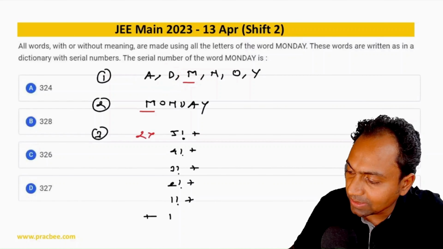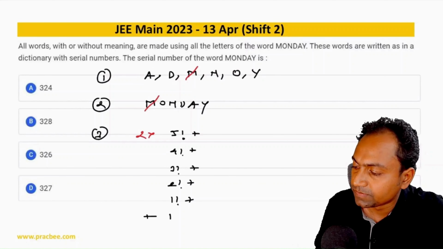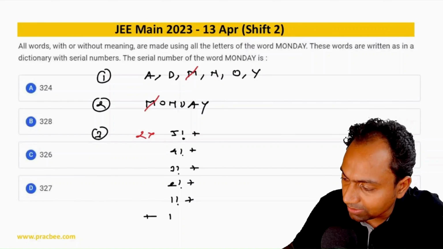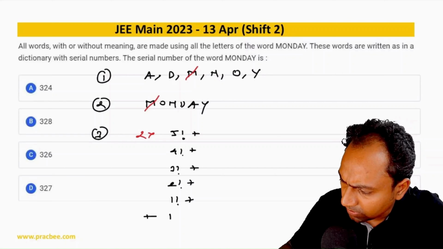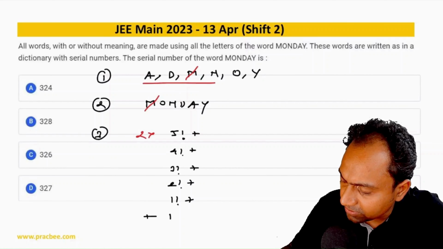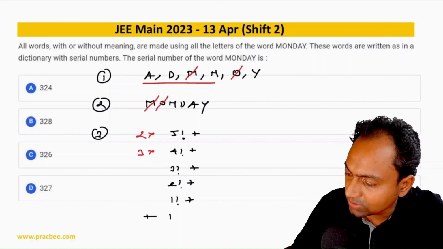And now once you have done that, you can cancel out this M for future use. The next, for putting the coefficient of 4 factorial, we can choose the next one, that is O. And before O, you can clearly observe there are 3 letters left. So let us write 3 into 4 factorial and cancel out this O as well.